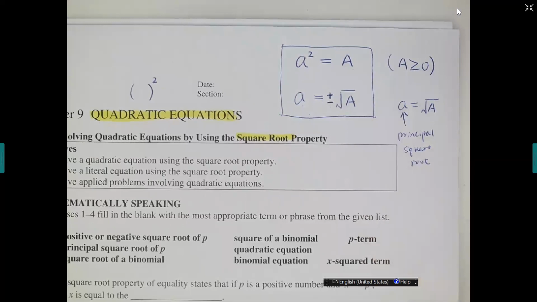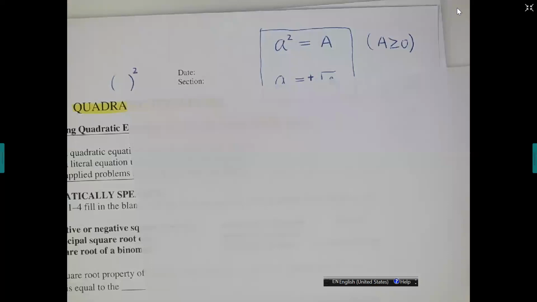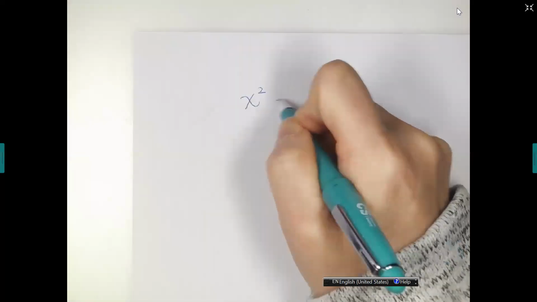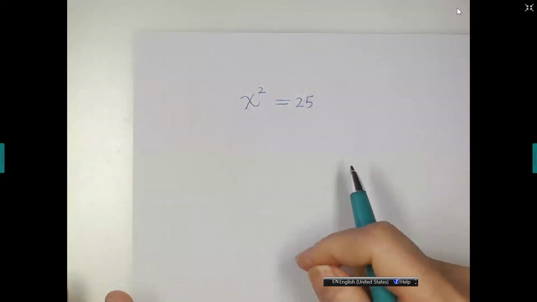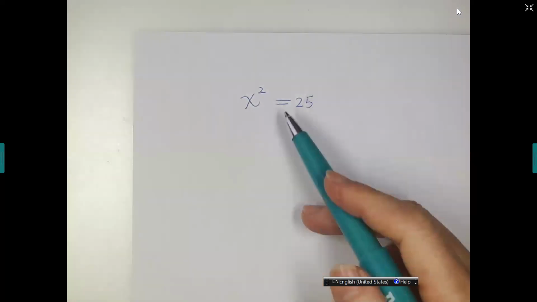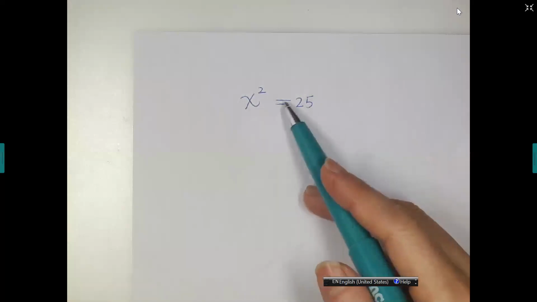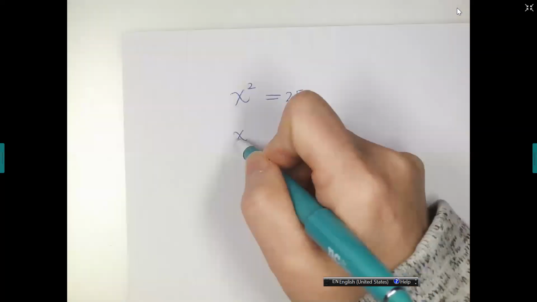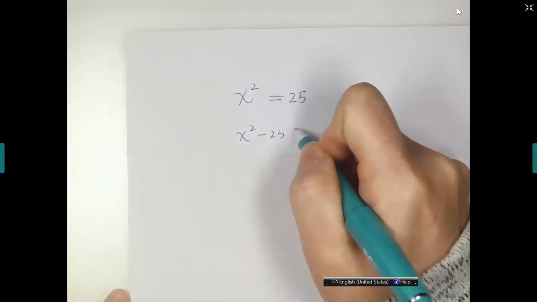We have seen this equation a lot of times before. Okay, so this is what we are given. We are asked to solve x squared equals 25. This equation, we have seen it before. So use what we have learned in chapter 6. I know this quadratic equation, I can rewrite it to move all the terms to the left. So this is what we did before. We got x squared minus 25 equals 0.